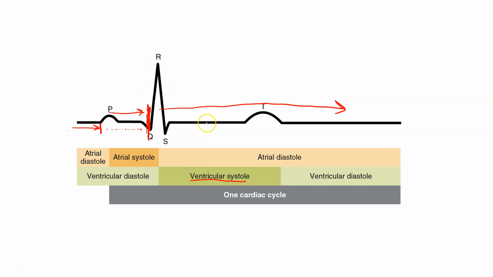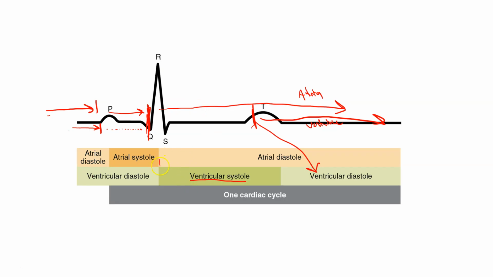So here's the contraction, and then the T wave represents when ventricular diastole begins. From this point on, the atria and the ventricles are both relaxed, and that continues into our next cycle. I apologize, these aren't perfectly matched up with the events on the ECG, but pretty close.